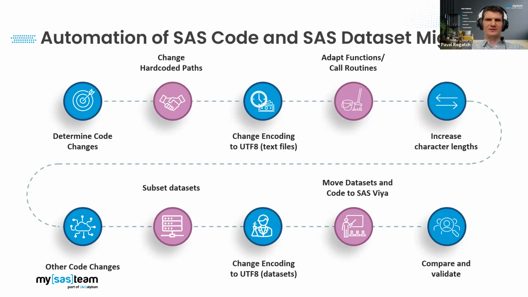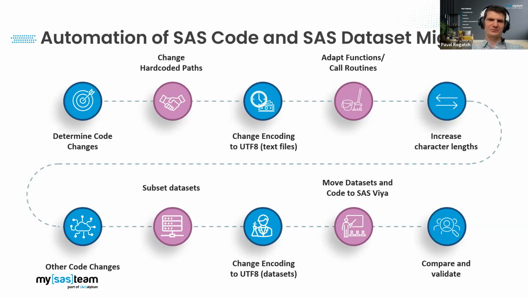Here you can see that first we used a Python script to scan SAS code files, analyze them, and determine the scope of changes necessary for migration to SAS Viya. Then we used a Python script to make these necessary changes.